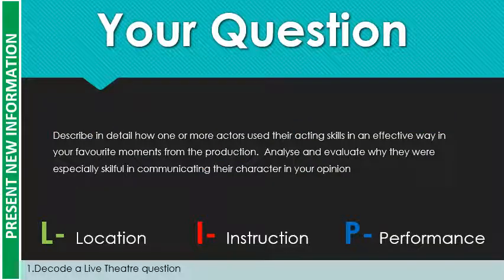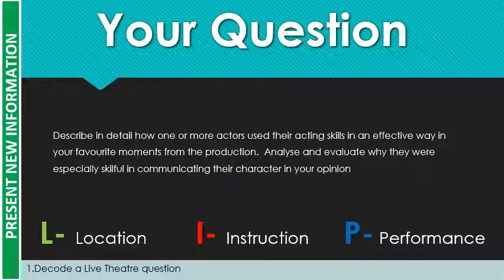So the next question, this is your question, and this will be the question that you are going to be answering today when you write your essay. So we are going to break this down together. I'm going to help you out. So describe in detail how one or more actors use their acting skills in an effective way in your favourite moments from the production.